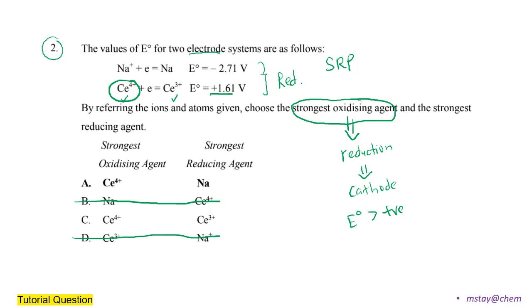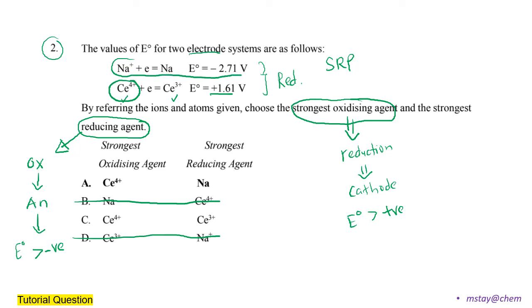Next part is the reducing agent. The reducing agent is the species which undergoes oxidation and happens at the anode, with the more negative electrode potential. So again, Na+ and Na, Na is more negative.